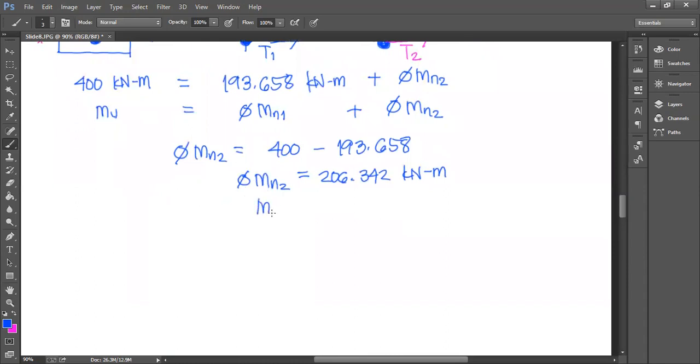Therefore, our Mn2 is just 206.342 divided by 0.9, since we consider this as tension controlled, or equal to 229.269 kilonewton-meter.